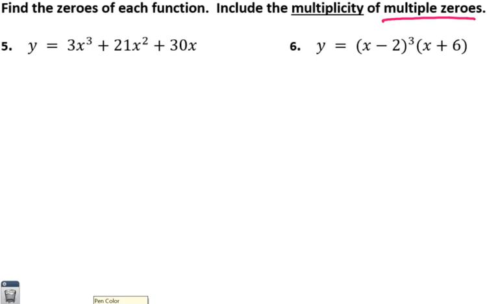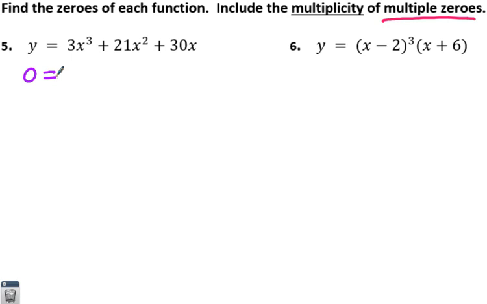Now, in order to find the zeros of each function, one thing you can do is factor. And so set equal to 0. So 5, 6, and those like it, we're going to set it equal to 0 and factor. So 3x cubed plus 21x squared plus 30x. We can start to factor that by, well, what's the first method we always try?